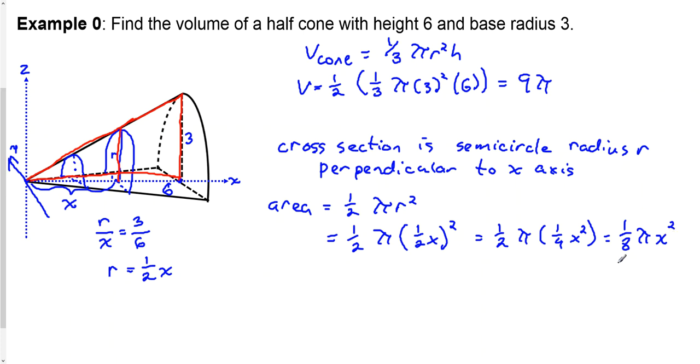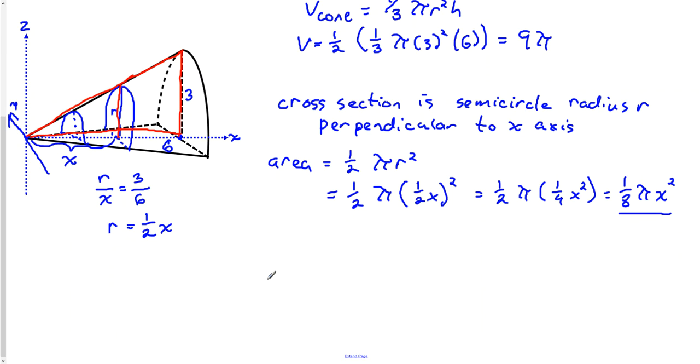So we have this expression for the area of each one of our cross sections, and as we start from the origin and move to the right, the area of those cross sections gets bigger as x gets bigger. So how do we calculate our volume here?